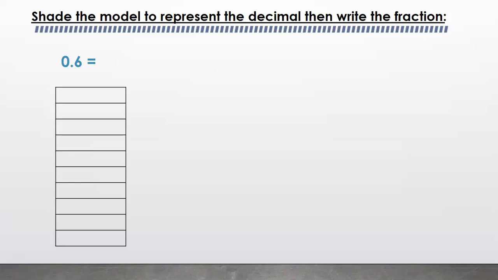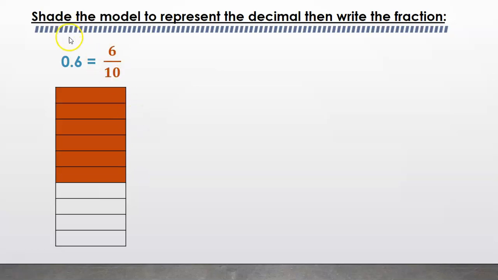Shade the model to represent the decimal, then write the fraction. The decimal I have is 0.6 or 6 tenths. I'll shade 6 parts from 10, right? Yes. 6 over 10.